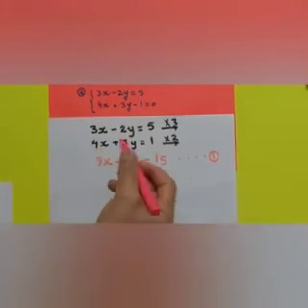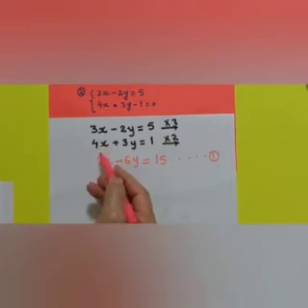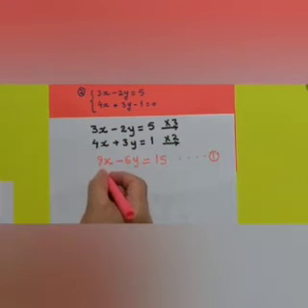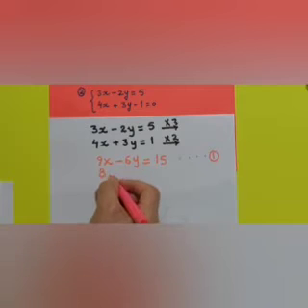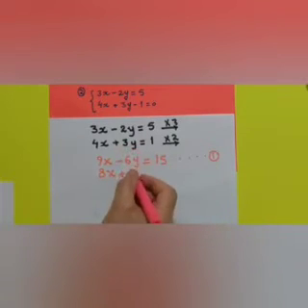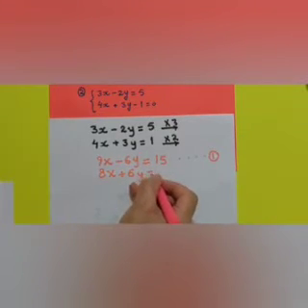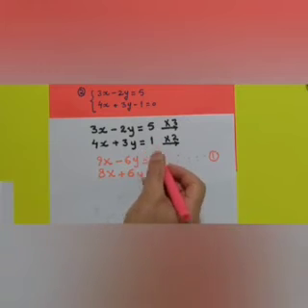Second equation, we will multiply by 2. So here 2 times 4x, it will be 8x, plus 2 times 3y, that means 6y, is equal to 1 times 2, that means 2.